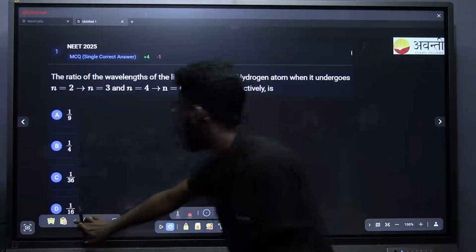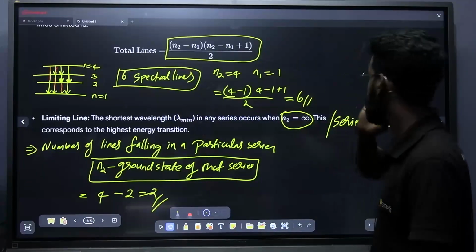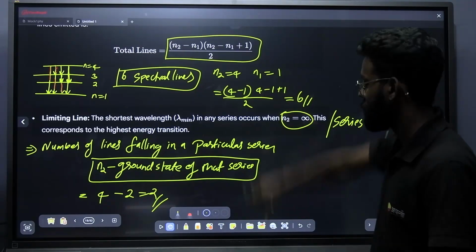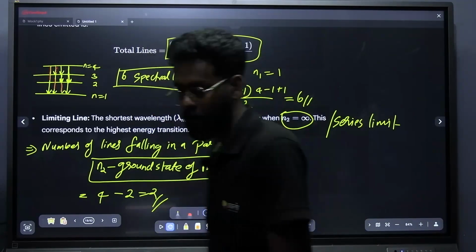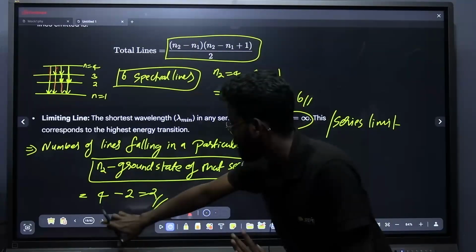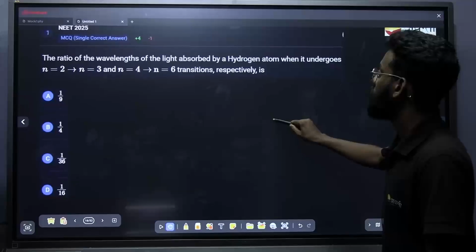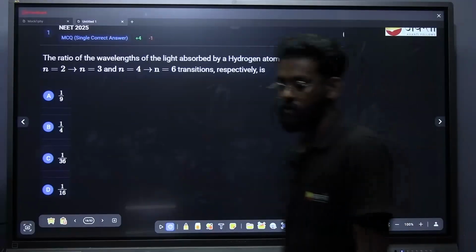Okay, now one more point I want to say. Before going to that question, okay, yeah, everything has been done. Now I will be giving a question. I know it's a little bit boring. To avoid your boredom, I am going to give a question. NEET 2025 question. I want everyone to solve this question and get me the answer fast.